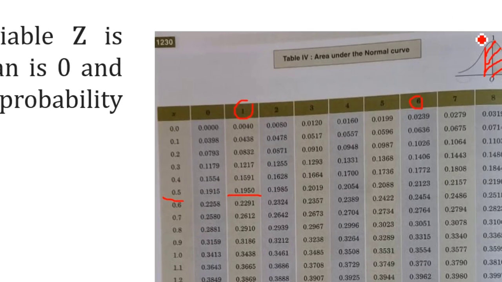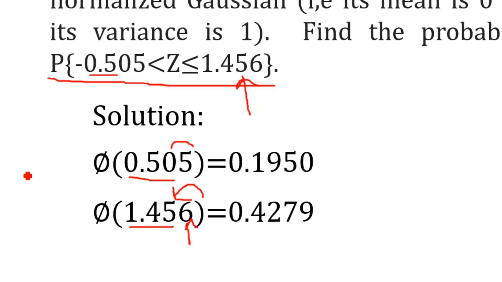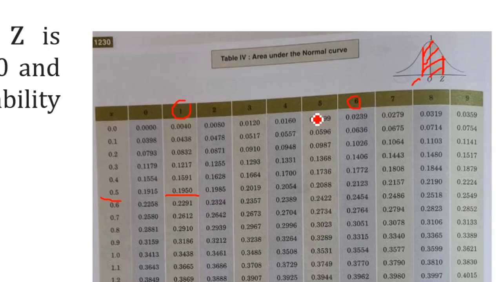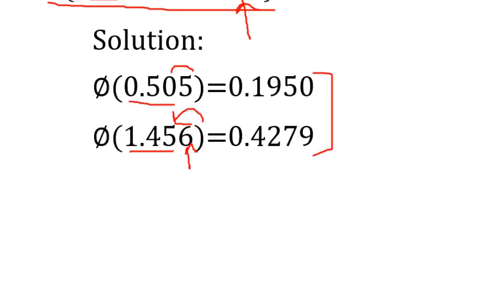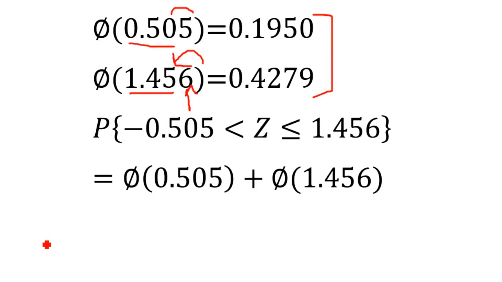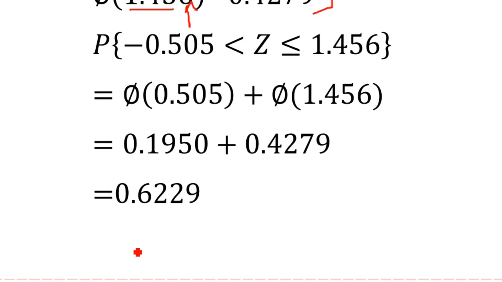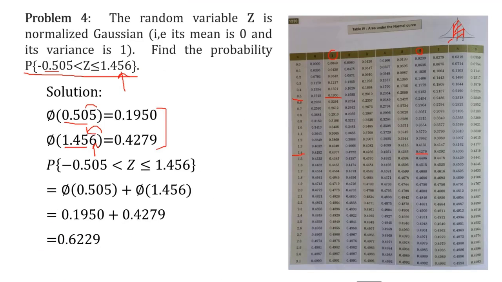All right, so we have calculated, and there is a minus sign here. At this point it is 0.1950, at the other point it is 0.4279, and adding these two, we get the probability in this region, which is 0.6229. Is that okay? If this is the question, it can be solved using this table.